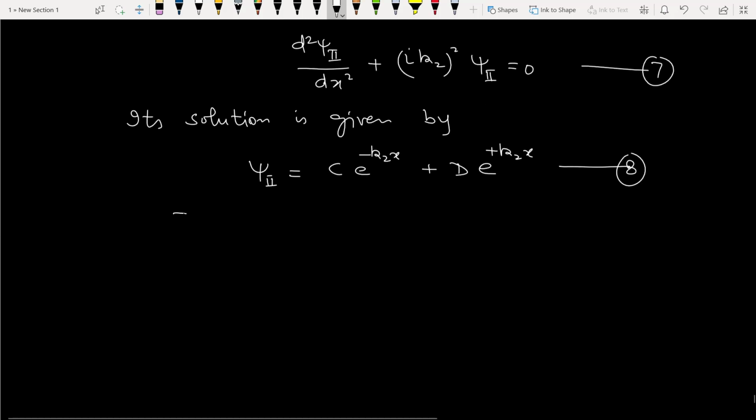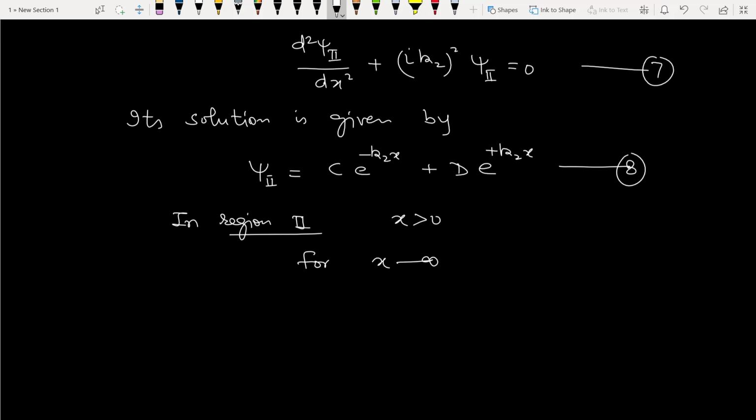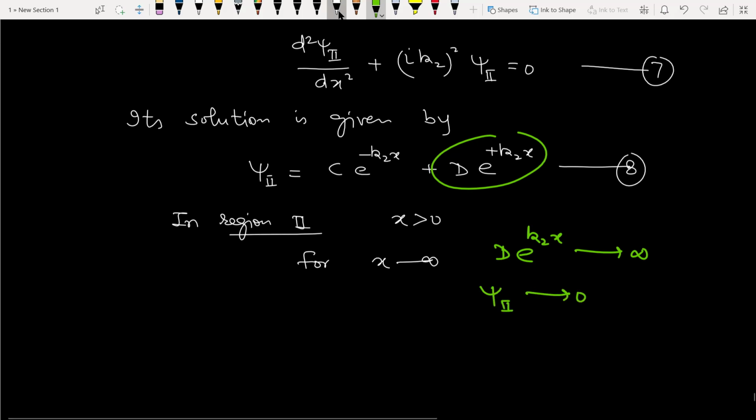But in region 2, x is greater than 0. So for x tending to infinity, this term D e raised to power k2x will be infinite, so psi 2 will be infinite, which is not acceptable.